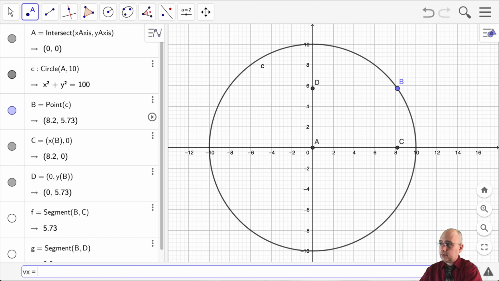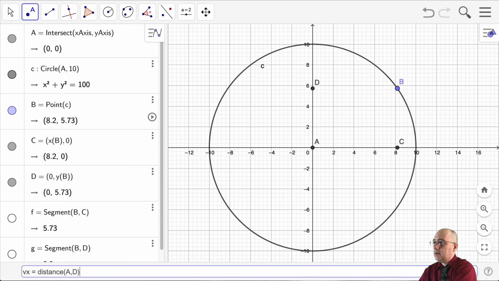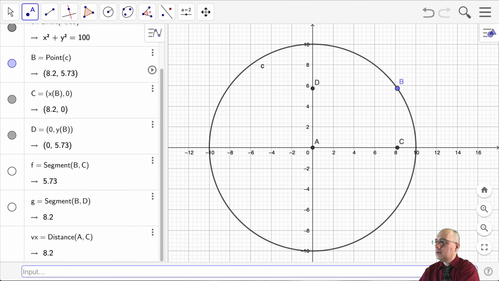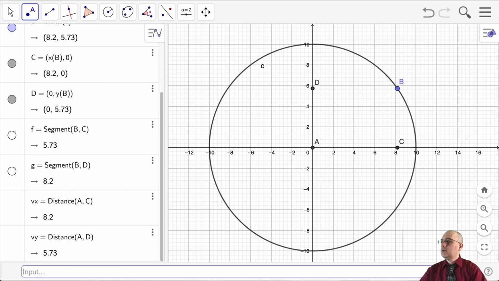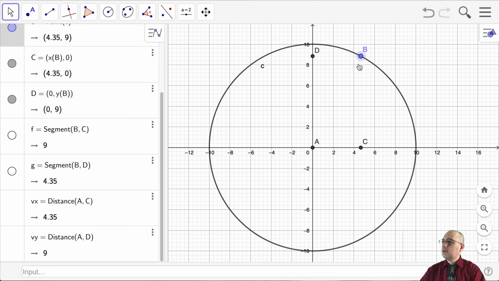That's that length, the distance between A and C, the horizontal distance. That's like 8.2 here, and then Vy is equal to the distance between A and D. And as I move along, you can see how it goes.